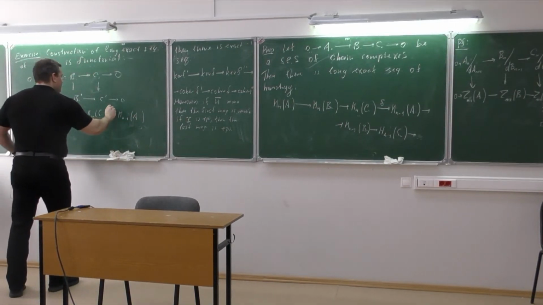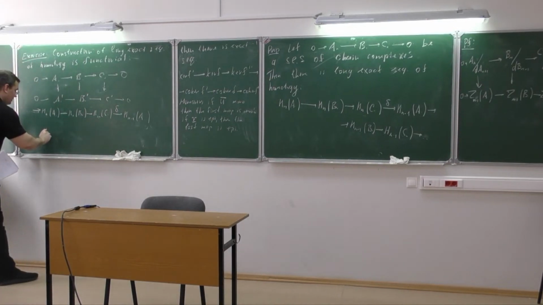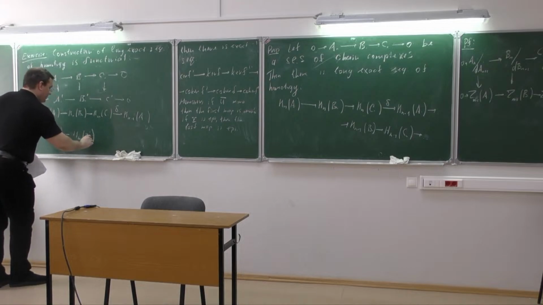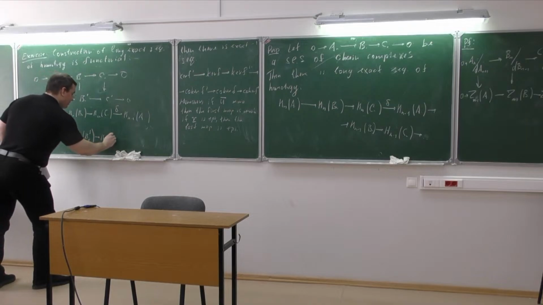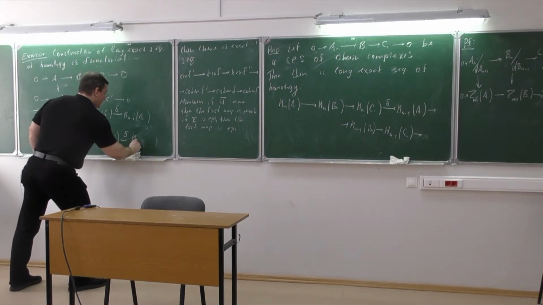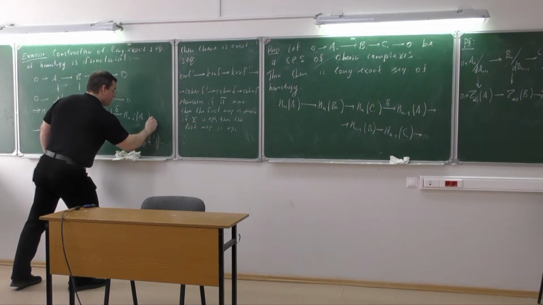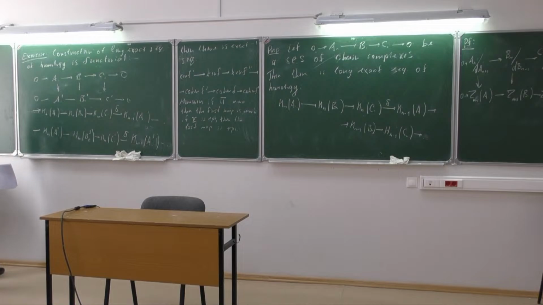So there is some connecting homomorphism delta here. And you can do the same for the second short exact sequence, so with the primes. And this map of the chain complexes, of course, induces a map on the homology.